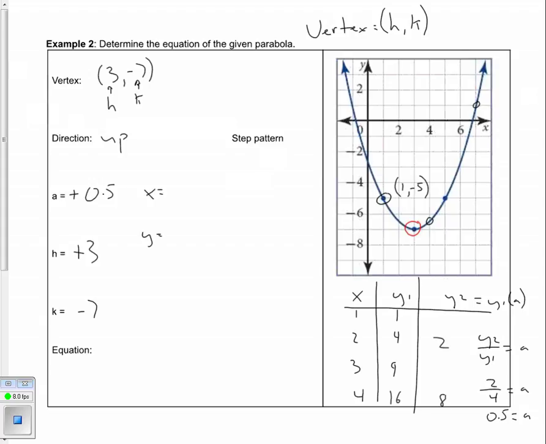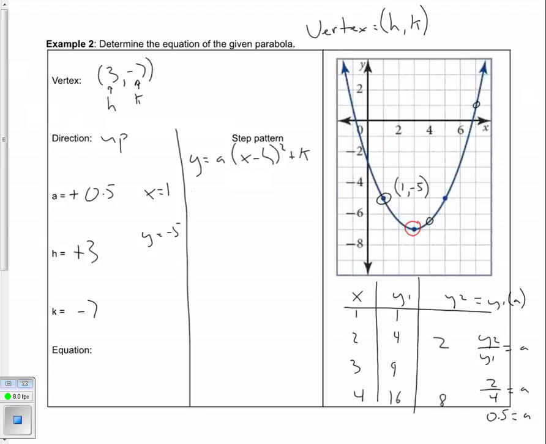Okay, so the x coordinate is 1 and the y coordinate is -5. Okay, since we know that the vertex form of the quadratic equation is y is equal to a times x minus h squared plus k, we can actually substitute in the values of x, y, h, and k and then solve for a.